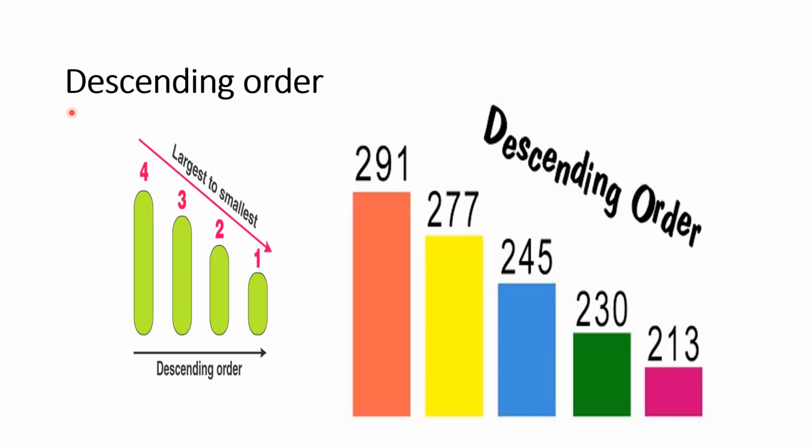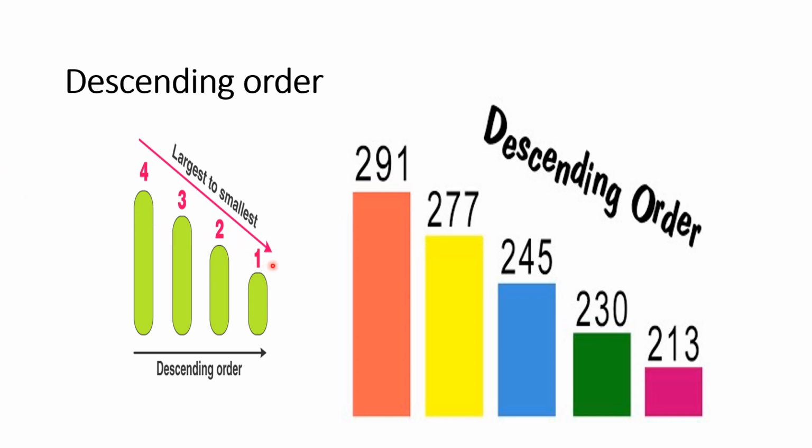Let us revise descending order. Descending order means largest to smallest. For example, there are 4 numbers, 1, 2, 3, 4, and we have to arrange it in descending order. What we will do? 4 is the largest one, so we will put 4 on the top, then 3, then 2 and then 1.